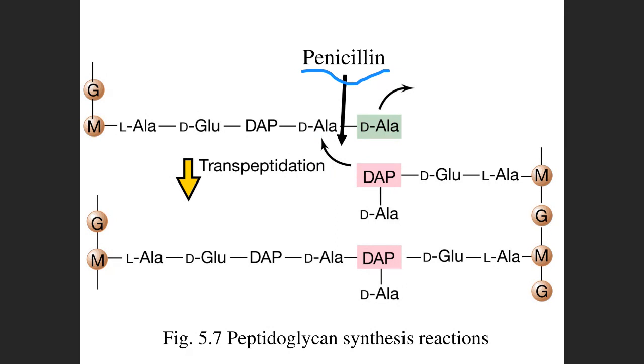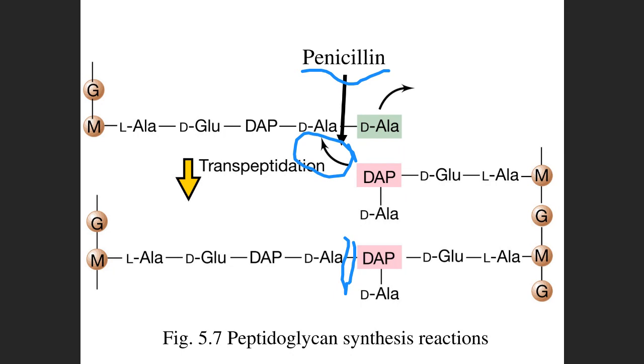So when you have penicillin around, it will bind to the enzyme that does the transpeptidation, this cross-linking. And then the penicillin can actually block this reaction. And what happens if it blocks? Well, there is no linkage. Okay, there's no linkage here.